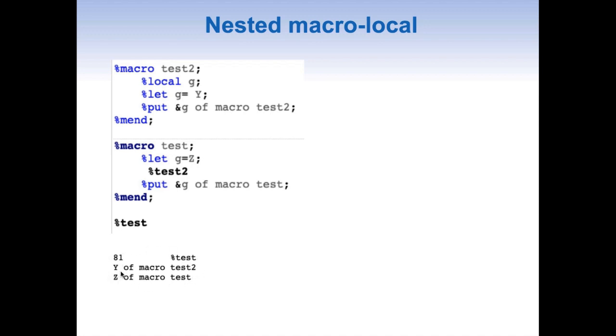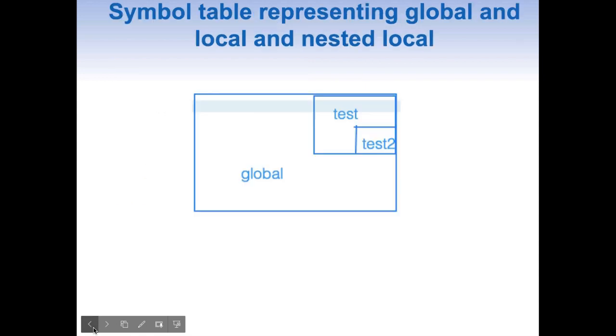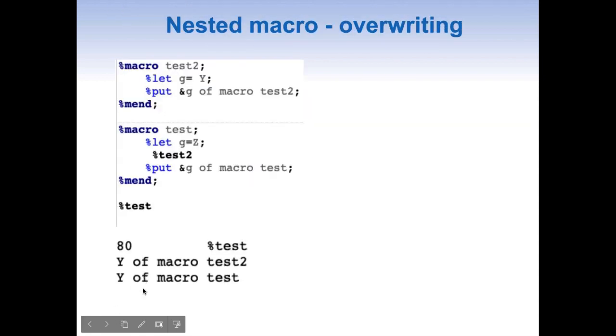You see here the value in test2 is y, whereas the value in macro test is z. So nothing has been overwritten. This is an important point to remember, whereas here it was overwritten.